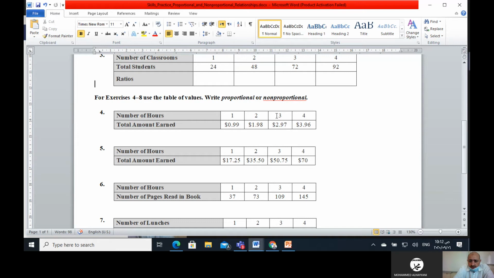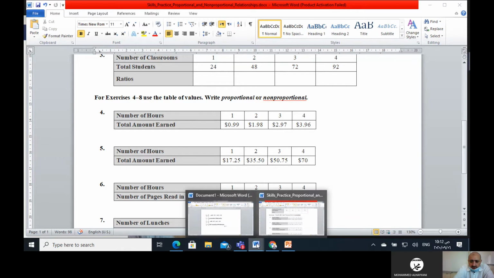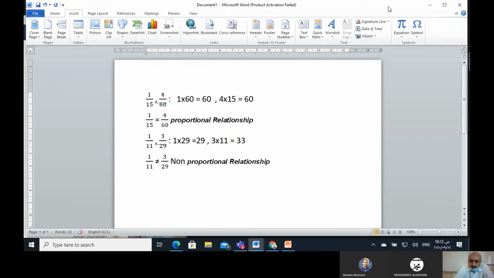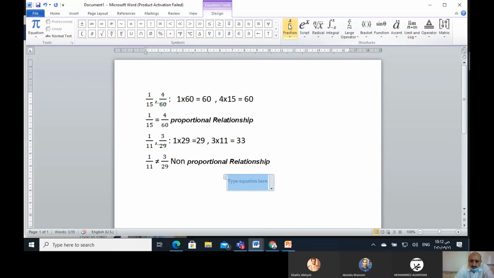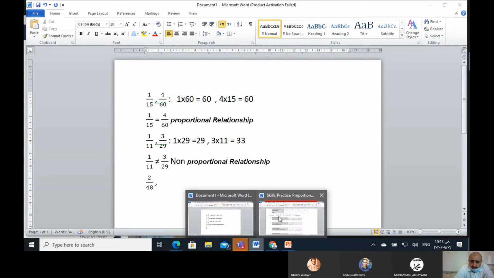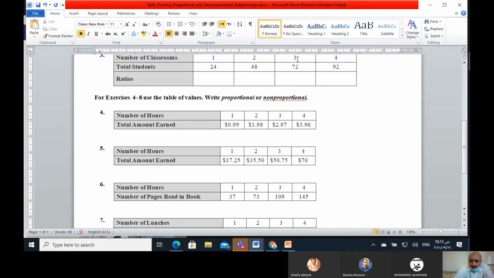You can choose any two ratios. For example, I can take 2 over 48, and for example 3 over 72.